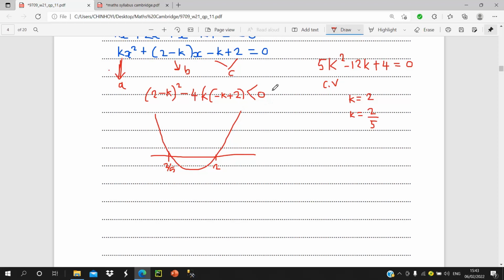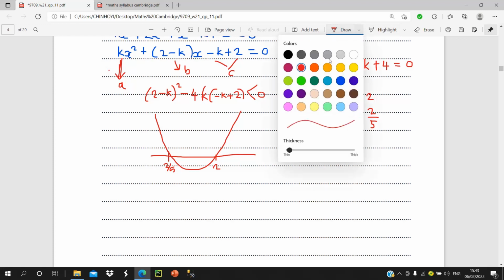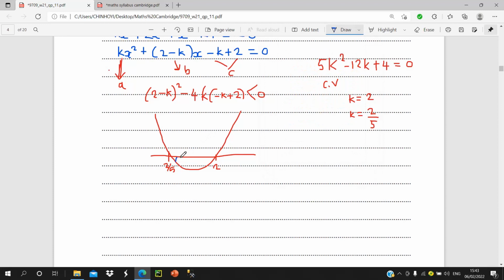We are solving for the function of k being less than 0, so it's underneath here. We are going to shade this region because this is our required region for the inequality. So in this case, where the line and the curve don't intersect, they don't have any solution, the discriminant is less than 0.